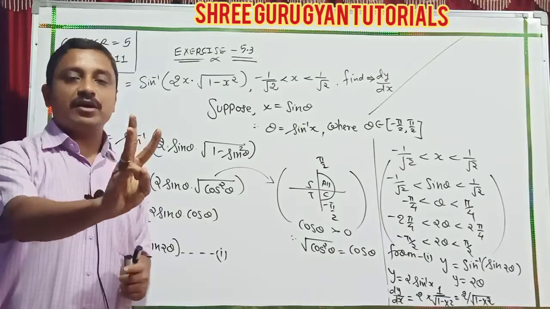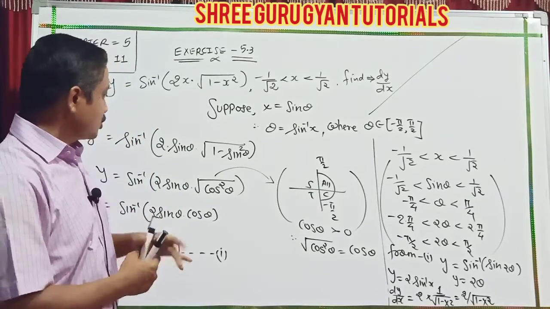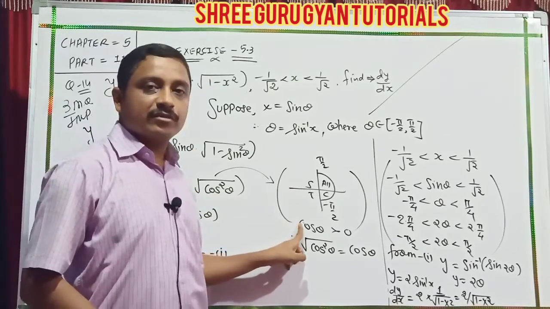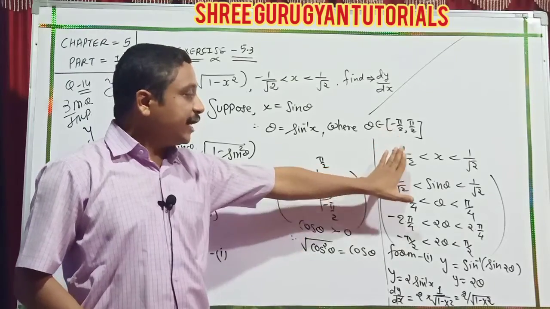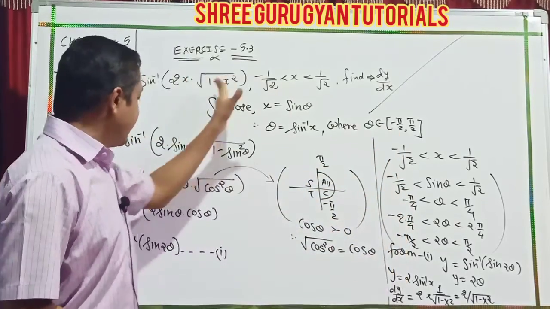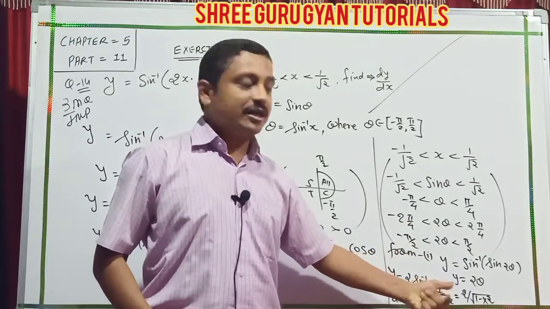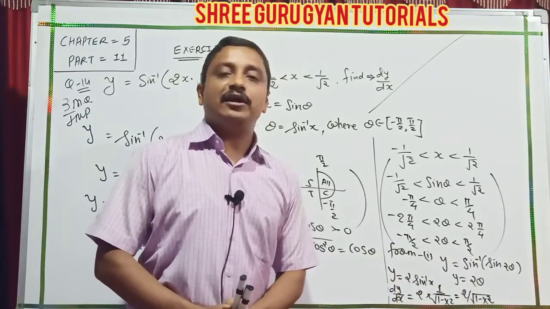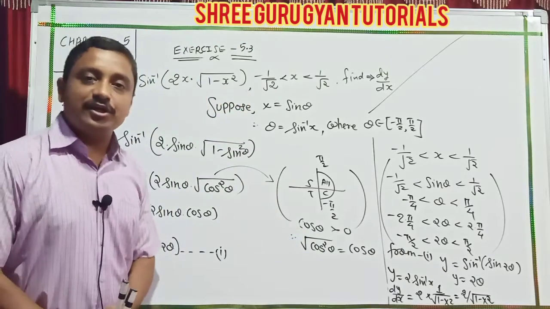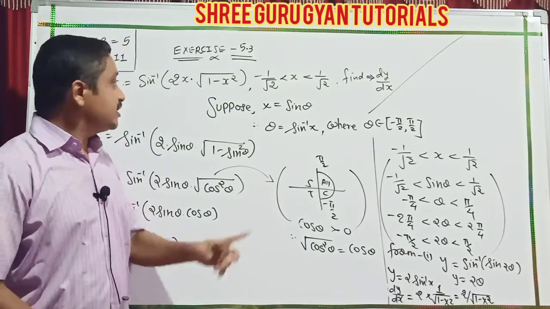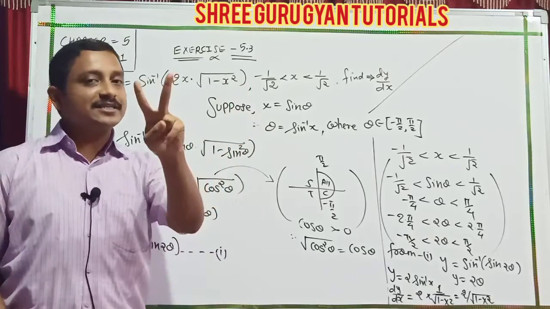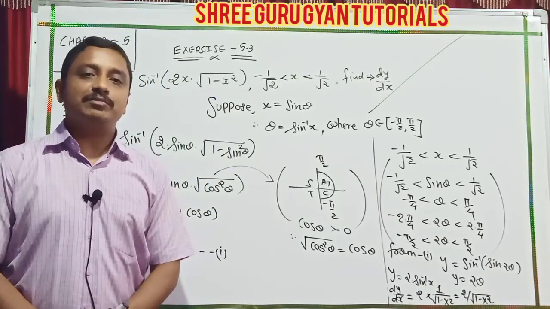Students, this sum is for 3 marks and is an important question. Mostly students get confused here. So you just write your conditions properly and that's your answer. For sin 2 theta, I translate into the range, and my last answer is 2 by under root 1 minus x square, your derivative. Students, this same sum I also explained in the second chapter, I think you know from the examples.